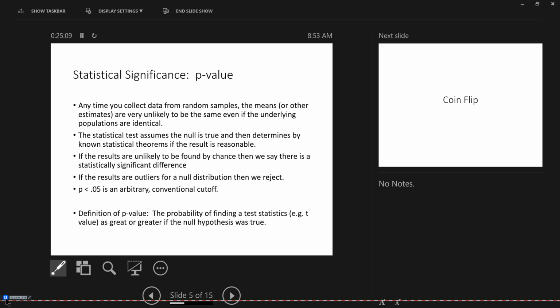So the key here is the p-value represents the probability of finding a particular statistical value, a t-test in this case. It's that area under the curve, this probability of being a particular value or even smaller than that, with the stipulation that the null hypothesis is true.